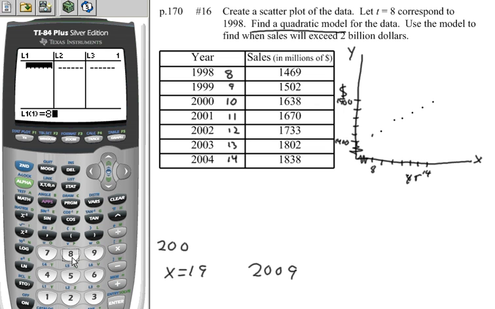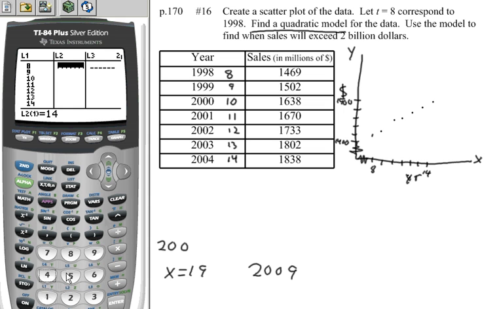So in list 1, we'll put our x values, and let's put our values as 8, 9, 10, etc., just like we graphed them on our scatter plot. So we've got 8 through 14. And our y values we'll put in list 2. That's our sales in millions of dollars.